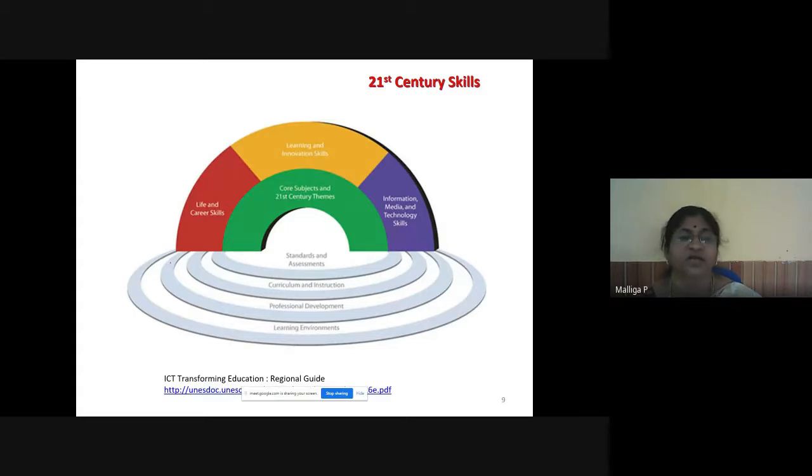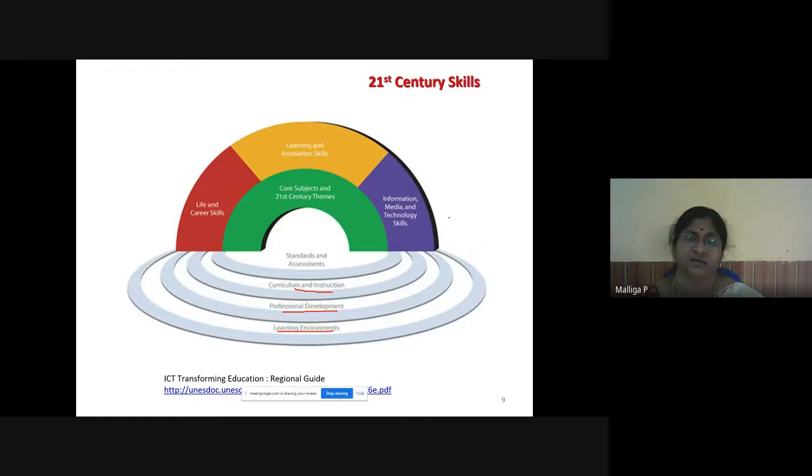So for all these things, first of all, the learning environment should give scope for inculcating all the skills in our teaching-learning process. There should be some professional development. Our curriculum and instruction should help us. If you look into outcome-based education and the graduate attributes, they almost take care of all these skills, isn't it?